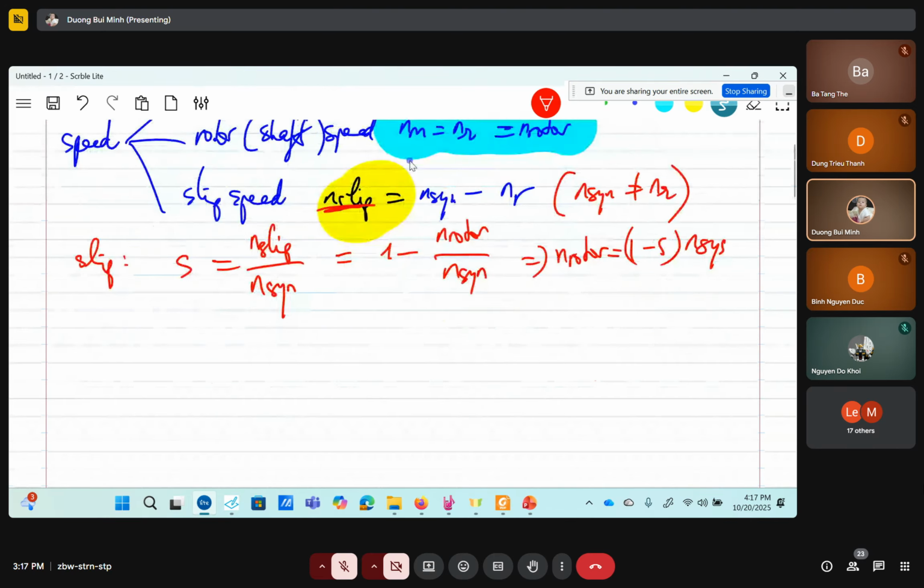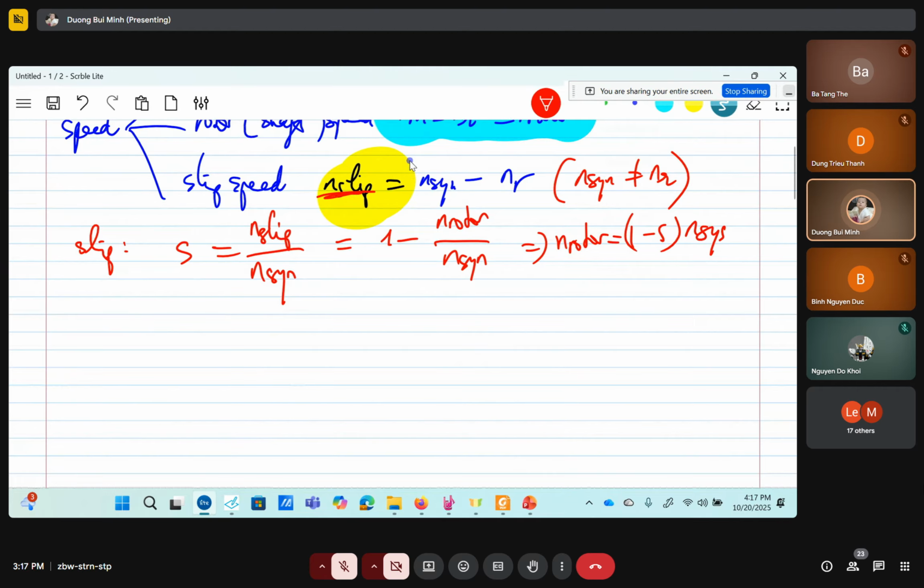So this equation is similar. This is rotor speed and the unit is RPM. If we convert RPM to omega, it is radian per second, and we have the same form: omega_rotor is (1 minus s) times omega_sync.